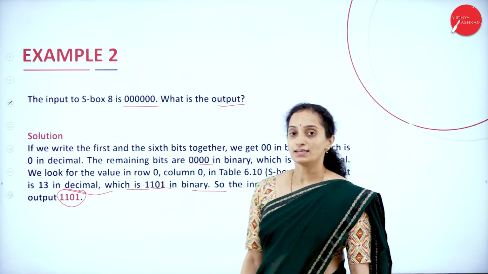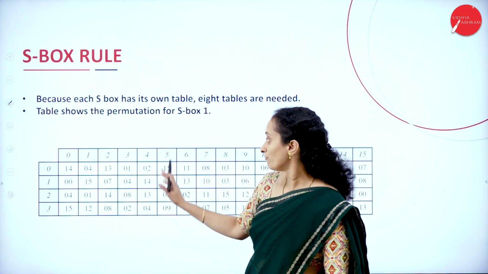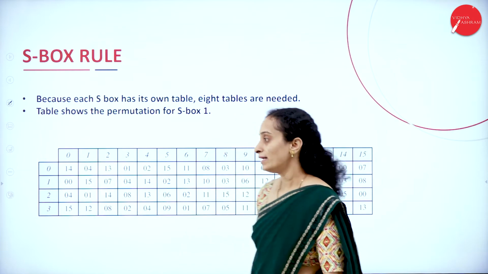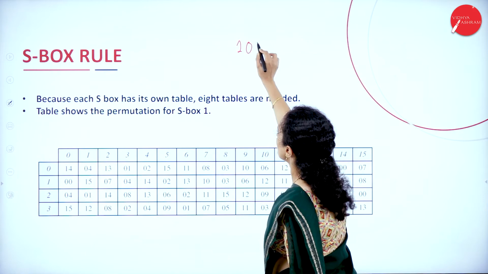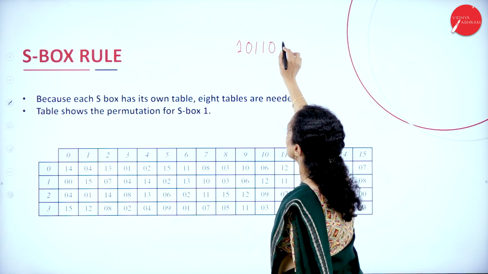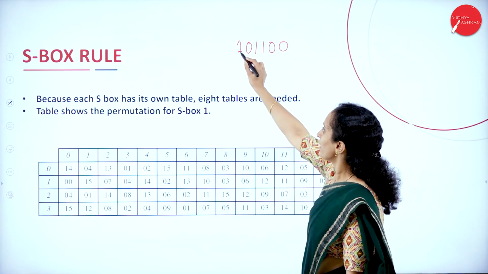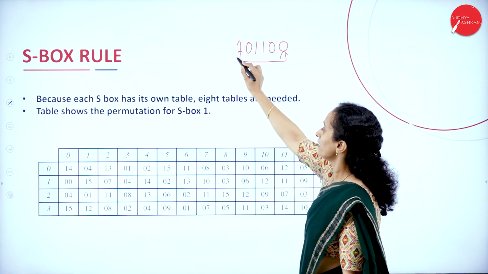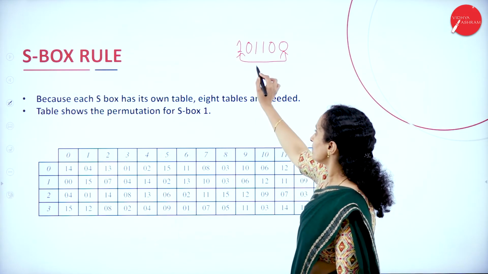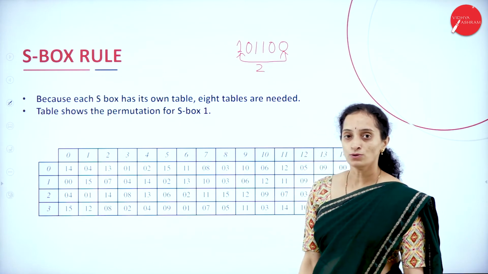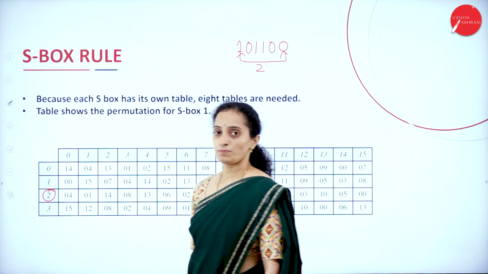If you check some more examples from S box 1, let's take another combination of 1, 0, 1, 1, 0, 0. Now we have 6 bits of input where we take the first and last values, 1 and 0, which represent the value 2.